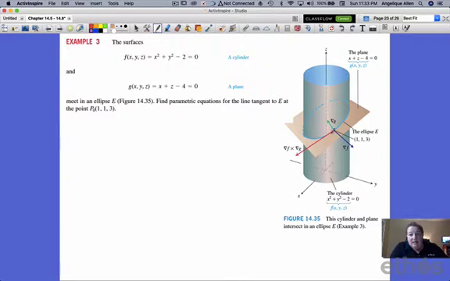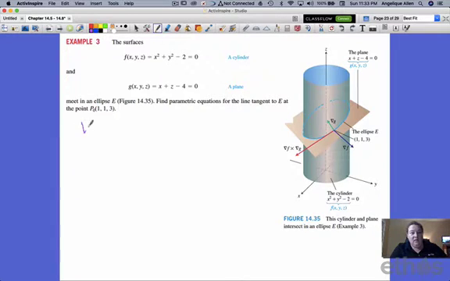The tangent line we're going for is orthogonal to both grad f and grad g. So if we do the cross product of the grad f and grad g vectors, we're going to get that tangent vector. We can then use that vector to find the equation of the line tangent to that ellipse at the point (1, 1, 3). So here we go.